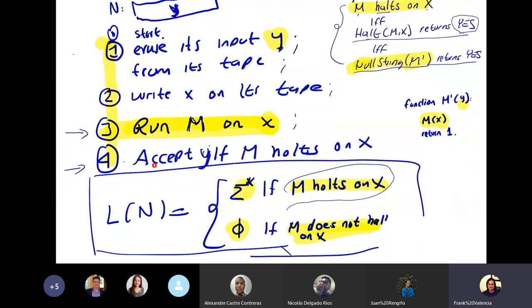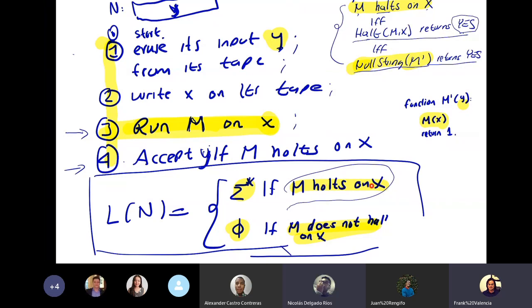Now, you're going to accept Y. The only way that you get to this step is if, when you are running M on X, this step terminates at some point, right? So the language can be only two cases.